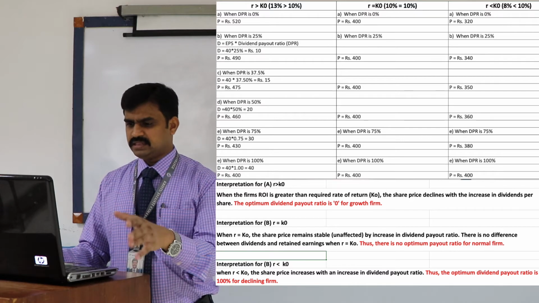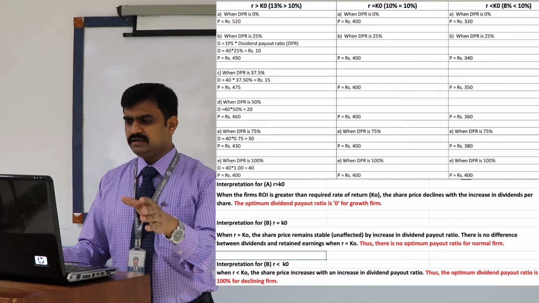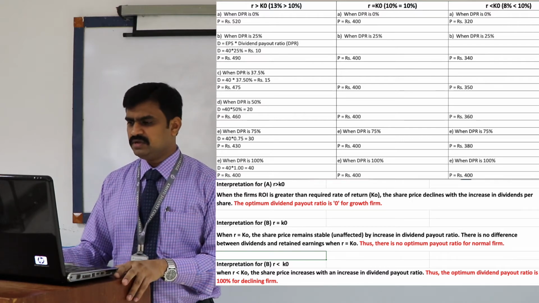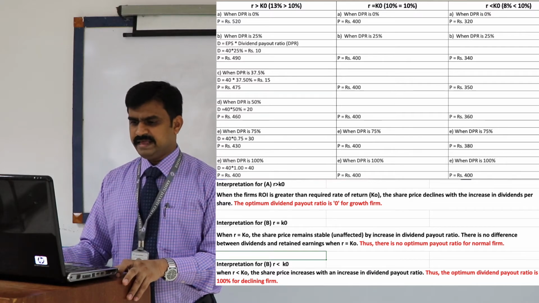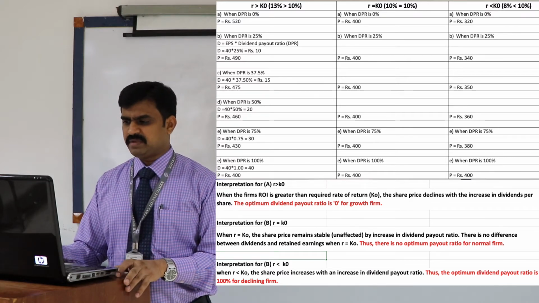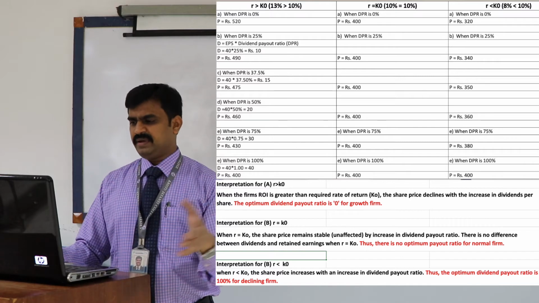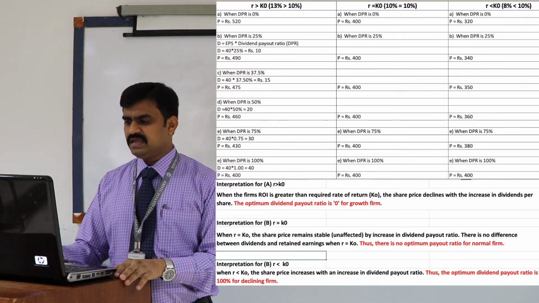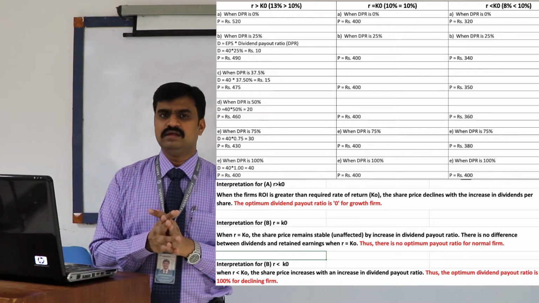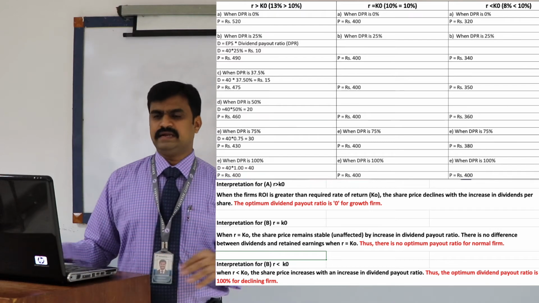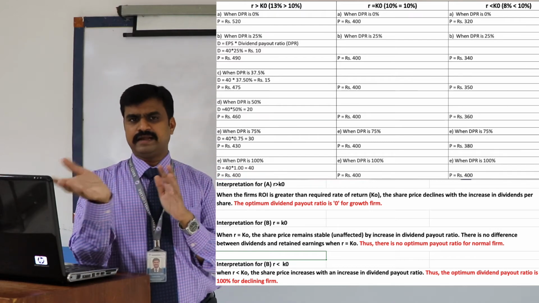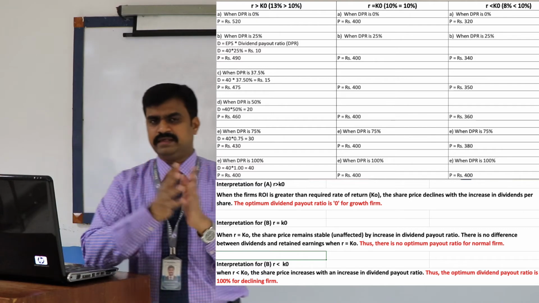Then DPR is 37.5%, the share price increased to 350. At 50% DPR, the share price is 360. At 75%, it is 380. And when DPR is 100%, it is 400. So what you can see the trend here, whether it's an increasing or decreasing trend for the third case?